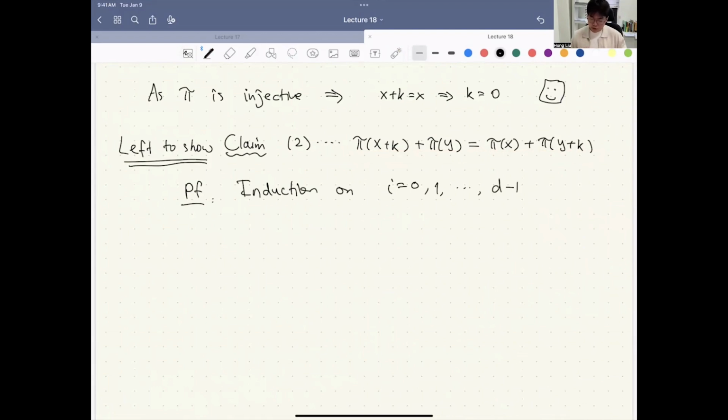So let's assume it's true for any i less than j, for some j bigger than 0.